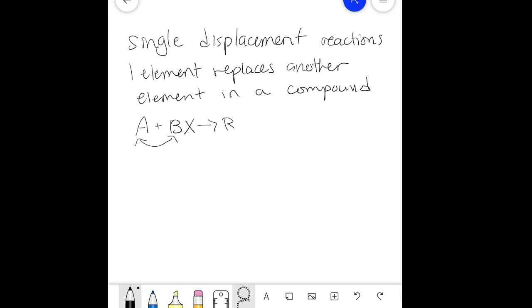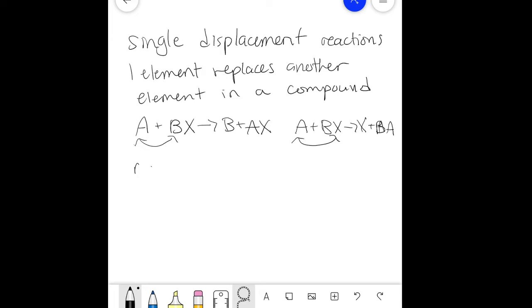You're going to have B plus AX. And then say A was a nonmetal. These two are going to swap, and you're going to have X plus BA, because you always write the metal first.